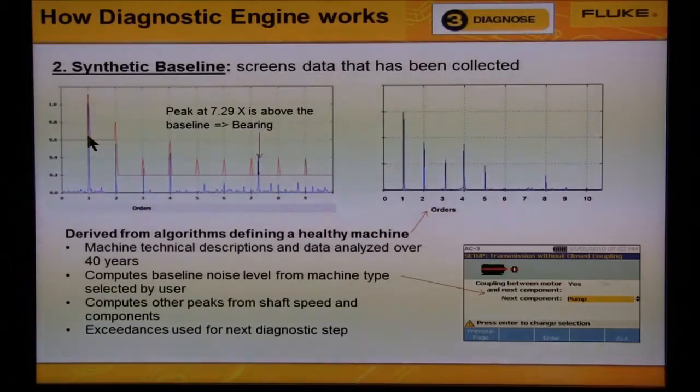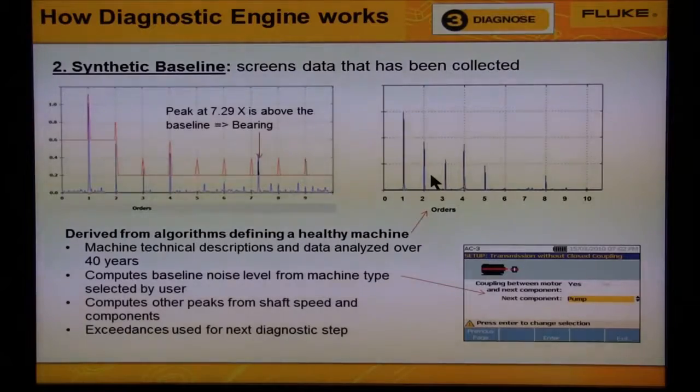We found this in the previous step. We're also going to have increases at the harmonics of the shaft vibration. The graph on the right shows the data from a typical healthy machine, and notice that those peaks would all fit underneath the baseline on the left.